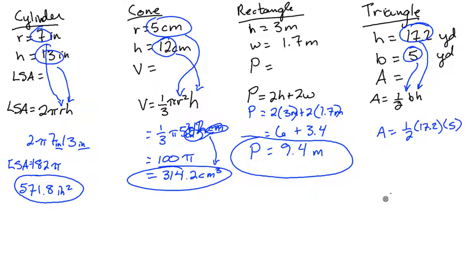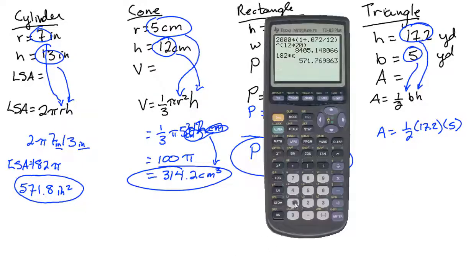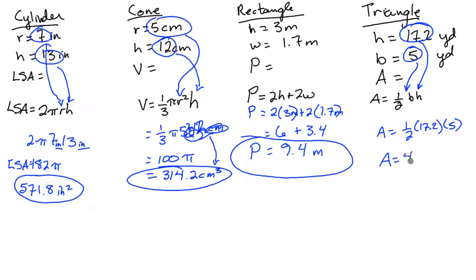I'm going to pull out the calculator for this one. 1/2, which is 0.5, times 17.2 times 5. And we get 43. So the area is 43. Now notice that this was in yards, and we times it by yards, yards squared. Does that make sense with what we're finding? Yes, we're finding area, which better be a second dimensional answer. And there we have area.